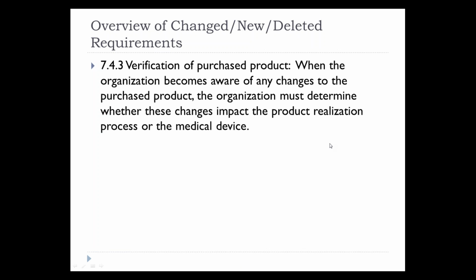When the organization becomes aware of any changes to the purchased product, so this follows up nicely, the organization must determine whether these changes impact the product realization process or the medical device. So if it's a supplier-initiated change, they have to notify you, and as a certified organization, you have to evaluate whether these changes impact the product realization process or the medical device itself.